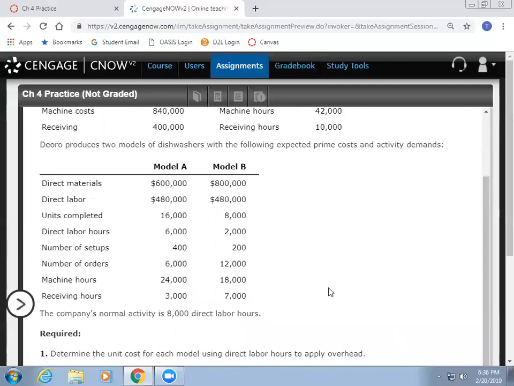And then for ordering, we have $20 per order, and Model A has 6,000 orders, so 120,000. Then we have machining, $20 per machine hour, 24,000 hours, so 480,000.